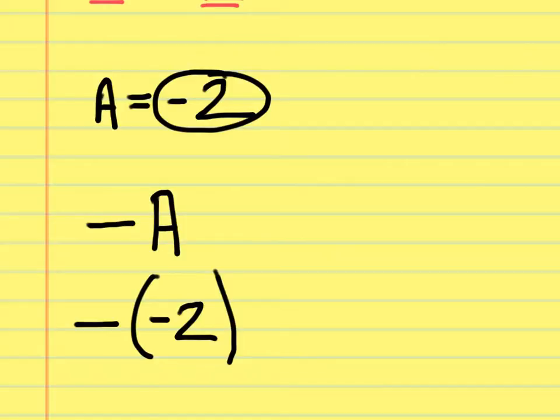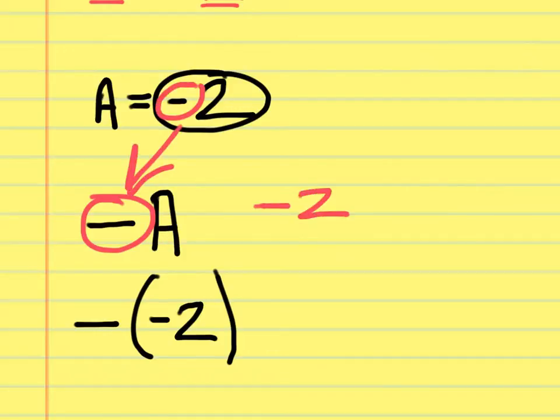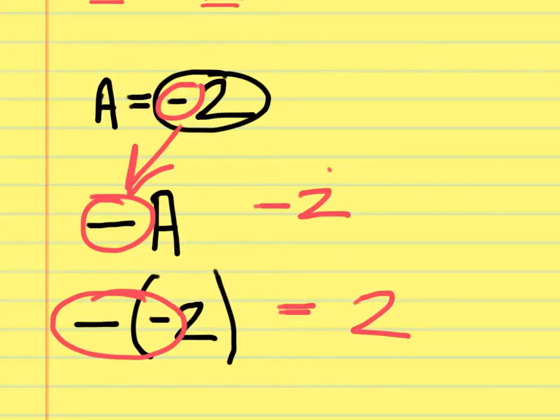Don't make the mistake of thinking that since you already have a negative sign there, you don't need an extra one, so you just end up with negative 2. In reality it should be a double negative. What does a double negative equal? Positive. So you end up with a positive 2.